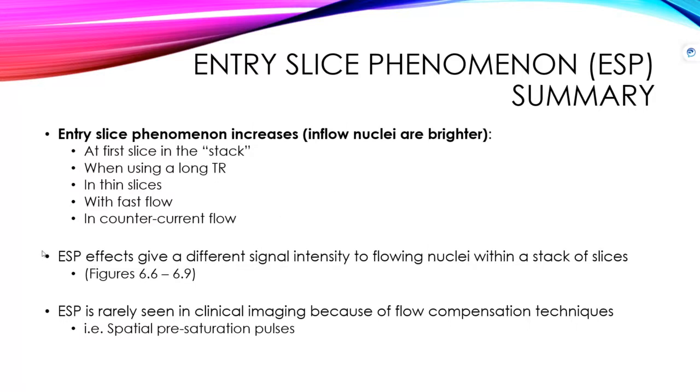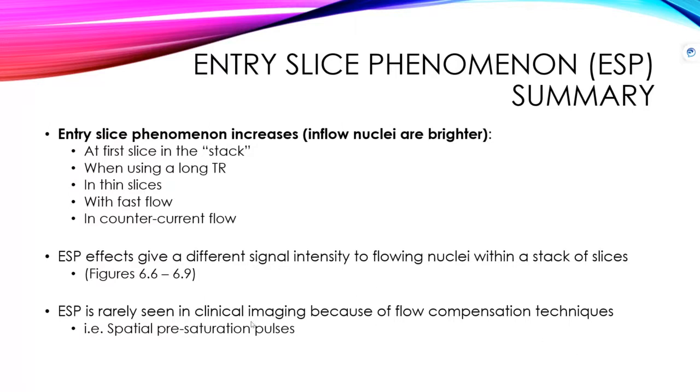So ESP is going to give you different signal intensity within the stack of slices, just like we looked at on page 208 and 209. As you move through the slice, depending on what you're doing with your flow and your acquisition of slices, is whether or not your signal is going to be bright or dark in the stack of slices.